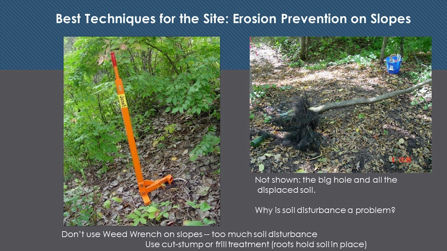I'll tell you why. We were working on a project. I was volunteering actually for a city, and it was in November when the natives all went dormant, so we weren't trampling on any wildflowers in a really nice big woods, sugar maple basswood forest, and we're using weed wrenches and cranking them out. And everybody was tossing the buckthorn up onto this big pile. And it's the devil's in the details.